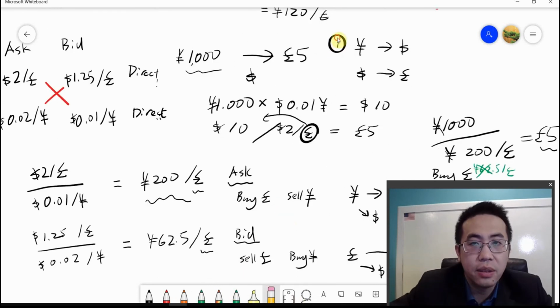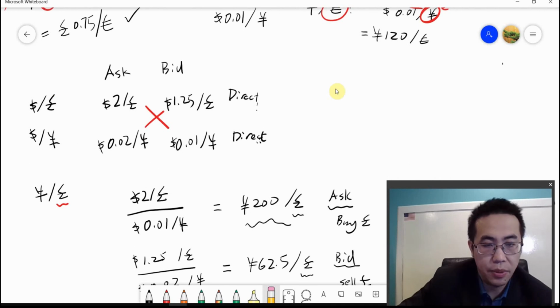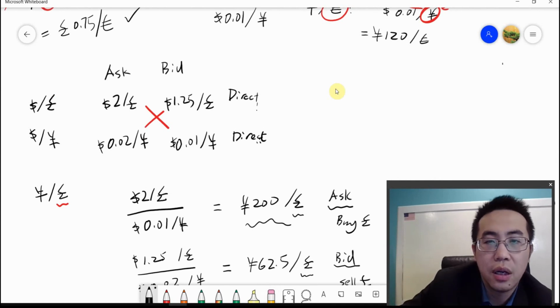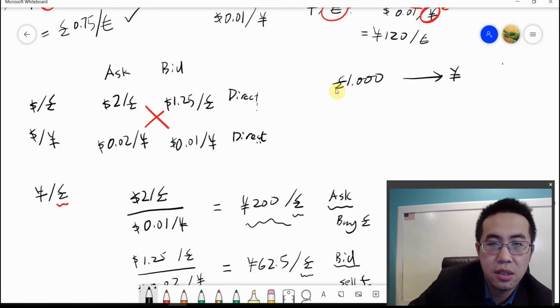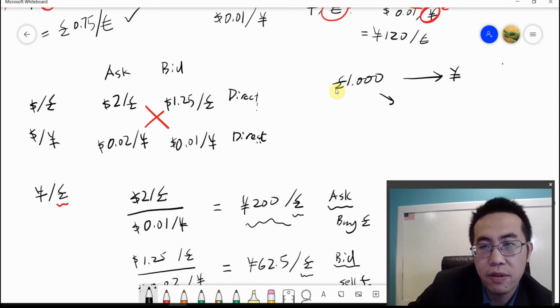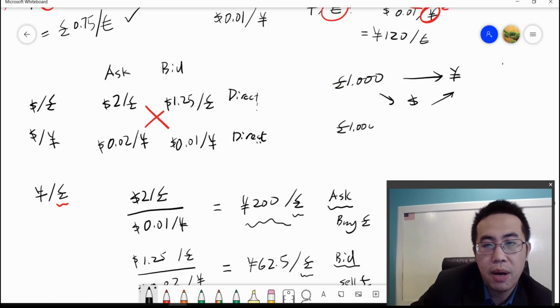So here's another example. Now I have 1,000 British pounds and I want to convert to Japanese yen, and these are the quotes I'm facing, so I have to convert pounds to dollars first and then to Japanese yen. And these are direct quotes. So if I'm selling British pounds, then I will need to multiply it by the bid price of a pound, which is $1.25 per pound.